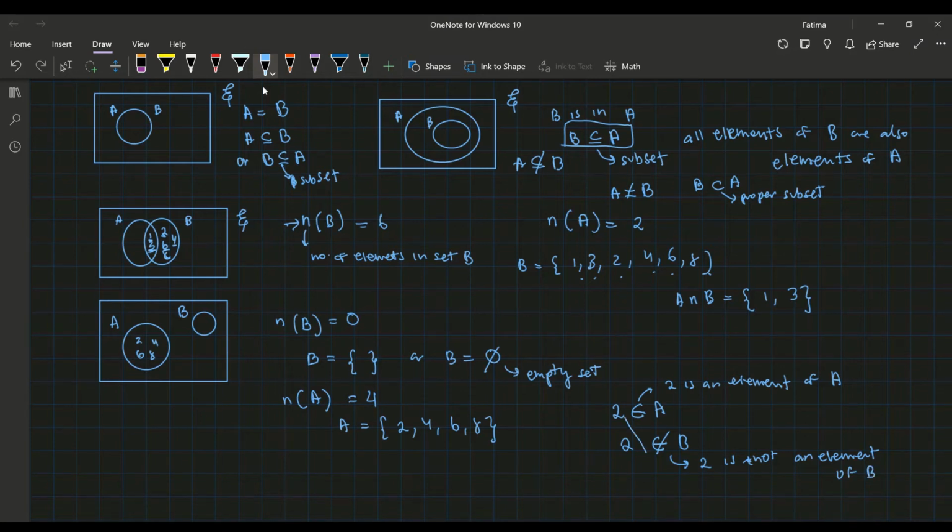Now you should know that this symbol refers to single elements, but these curly brackets over here represent all of the elements present in that set or part of the set.